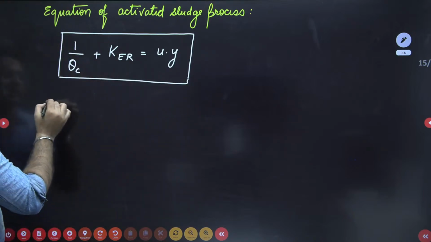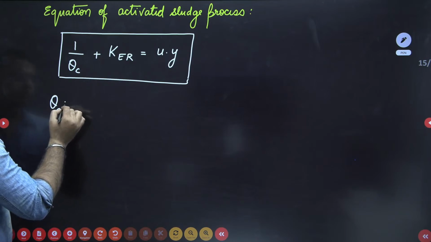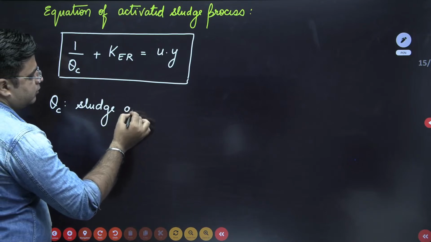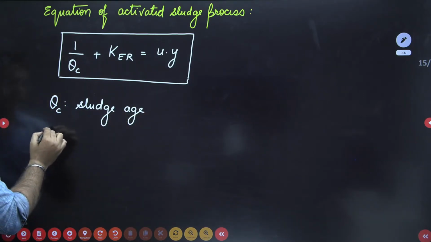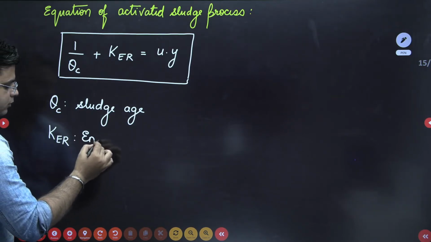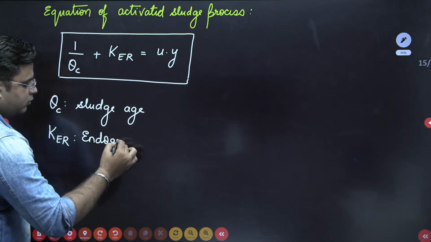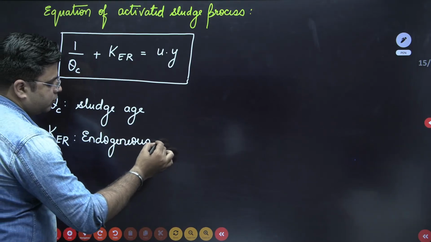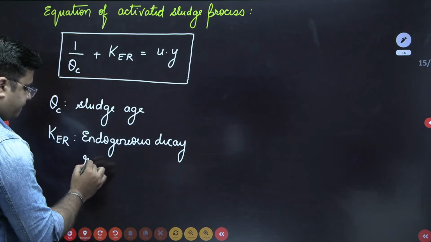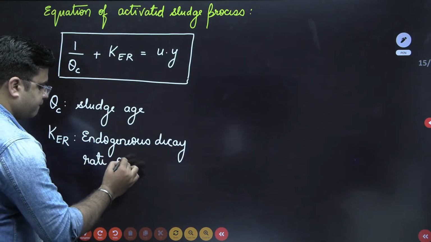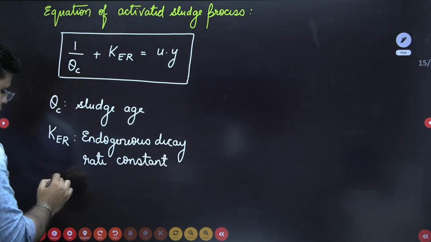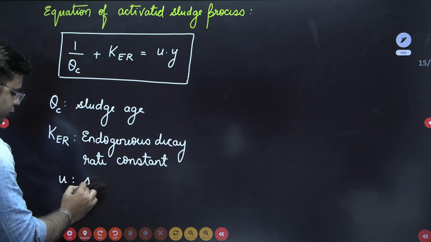So theta C is your sludge age. Then KER is endogenous decay rate constant. U is specific food utilization rate.